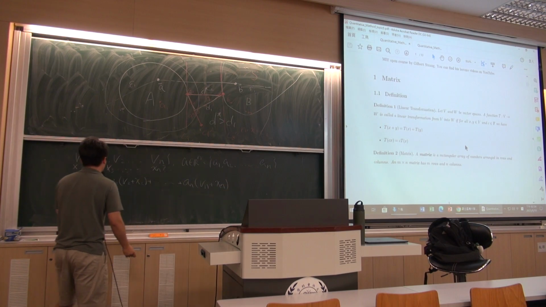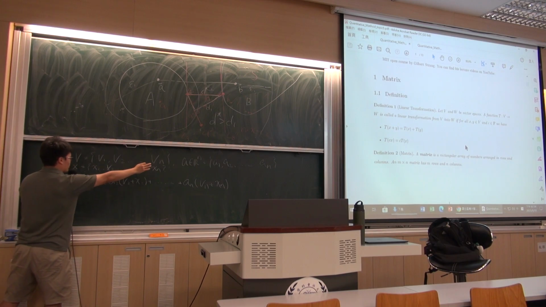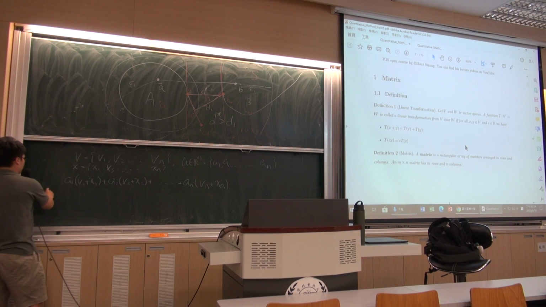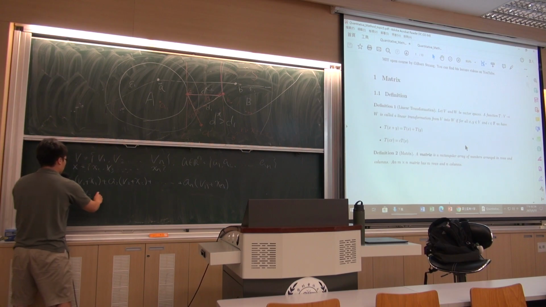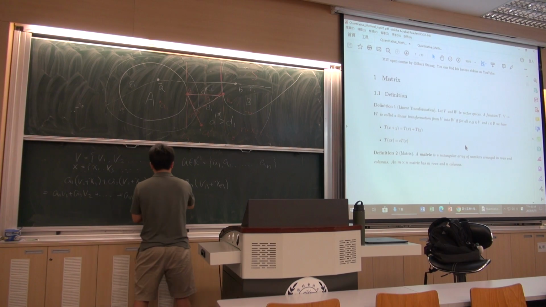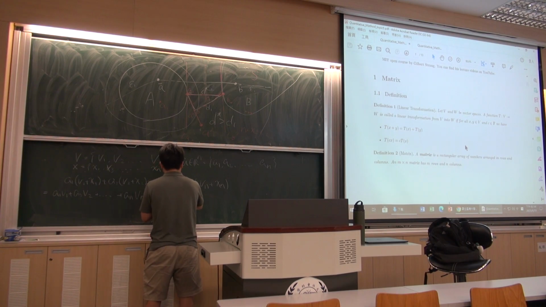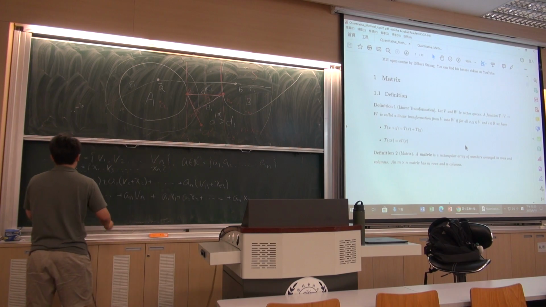This is a linear combination of these two: first we sum up the two vectors one by one, and then we multiply by the real numbers. Obviously this can be written as a1 v1, a2 v2, up to an vn, plus a1 x1, a2 x2, and an xn. So I should define an operator first.